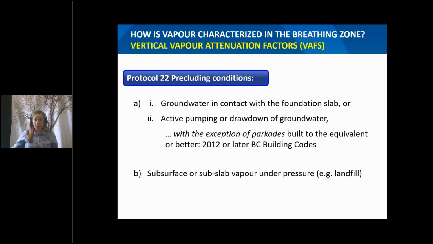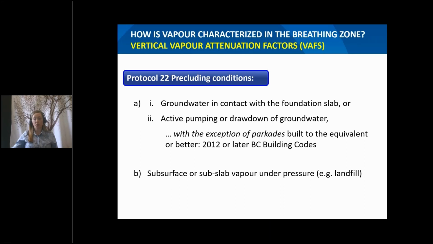So before Protocol 22 VAFs can be applied to measured soil vapor, a few precluding conditions need to first be evaluated. First, is the groundwater in contact with the foundation slab at any time of the year? Or is there active pumping or drawdown of groundwater at the site, with the exception of parkades built to the 2012 or more recent BC Building Code?